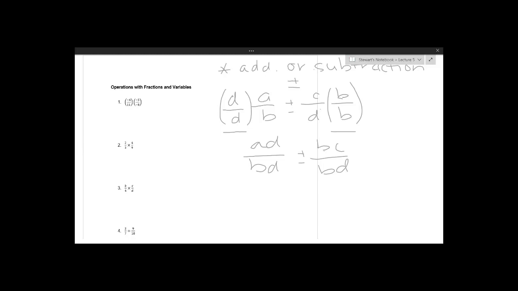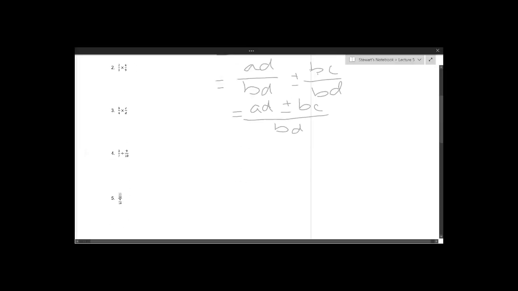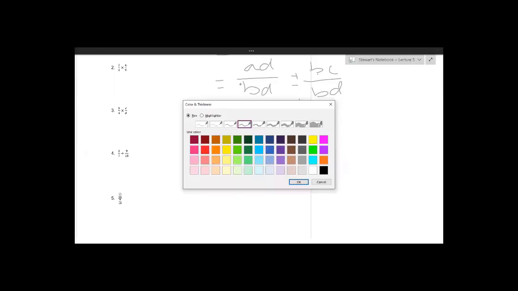So you end up with ad plus or minus bc in the numerator, and your new denominator for everything is going to be bd. We'll do a quick concrete example, because it seems hard to consider with all these variables. That's the general way to do it.